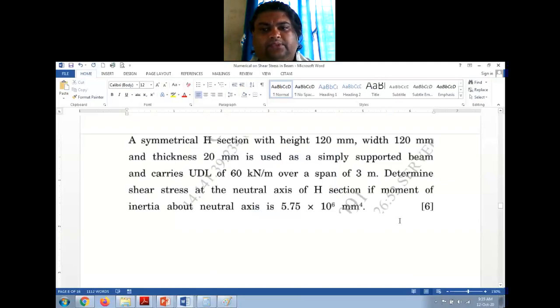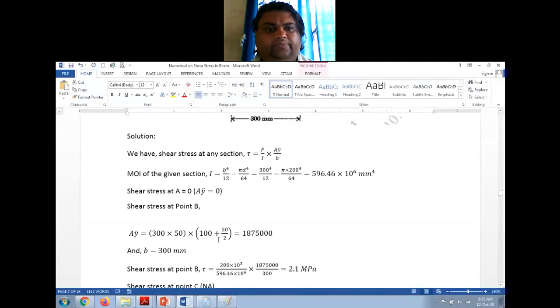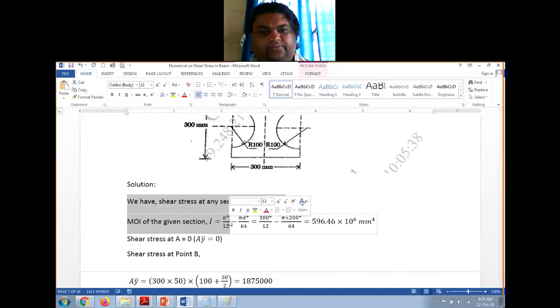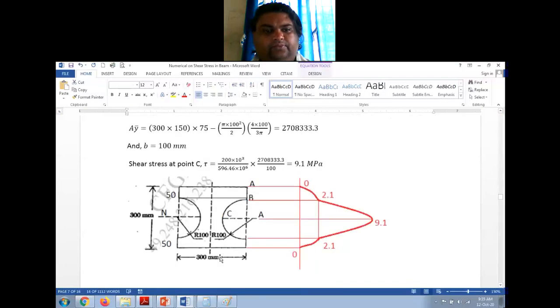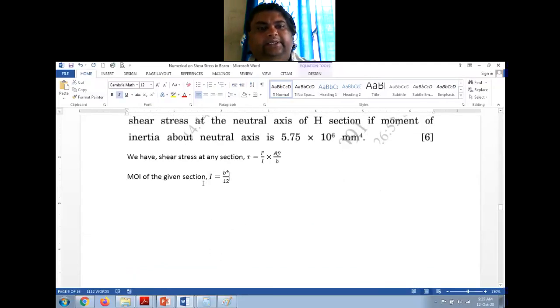Now first let us find the moment of inertia. The shear stress at any section is given by tau is equal to F A y bar by I B. So I'm now calculating all the values.